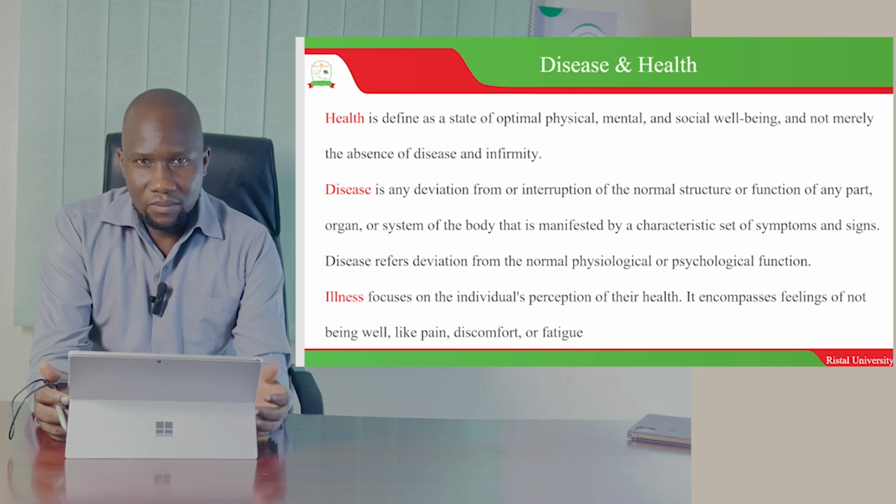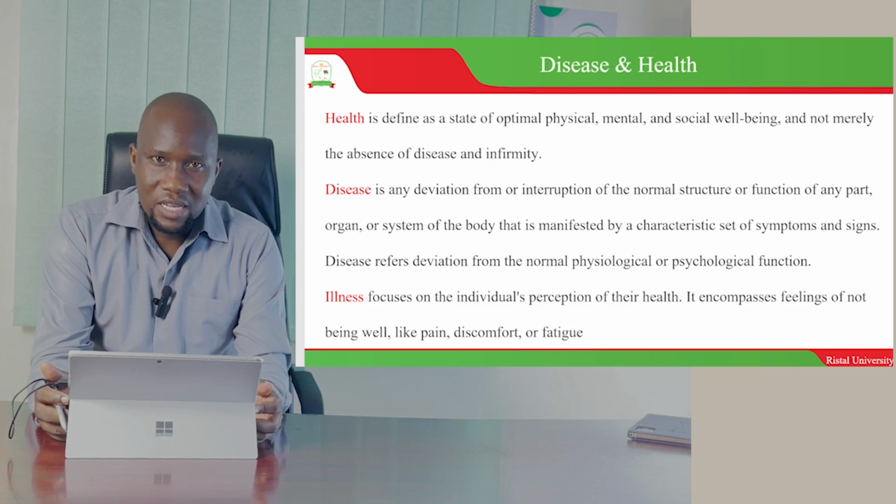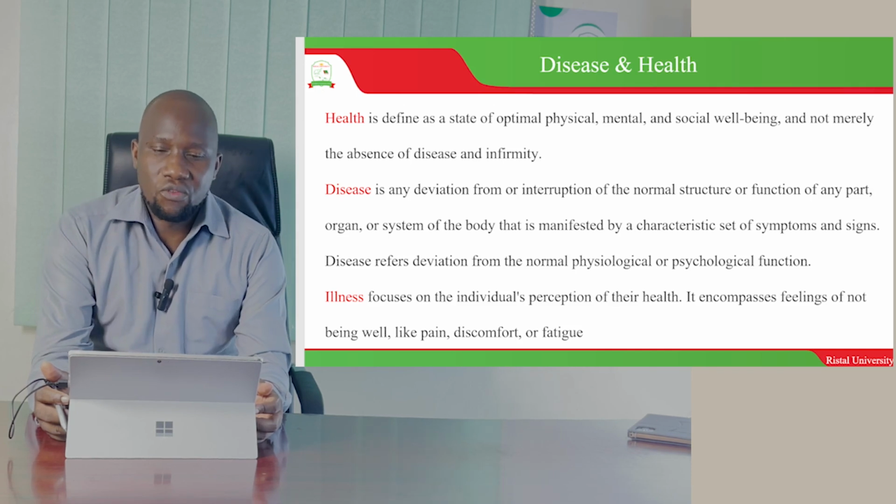And then, of course, we are looking at diseases. So when we talk about diseases, we are basically referring to the fact that your body is not functioning normally. There is a deviation from normal functioning of your body, or any part of your body.